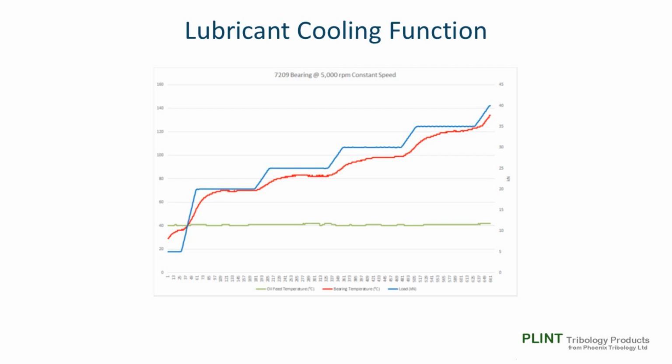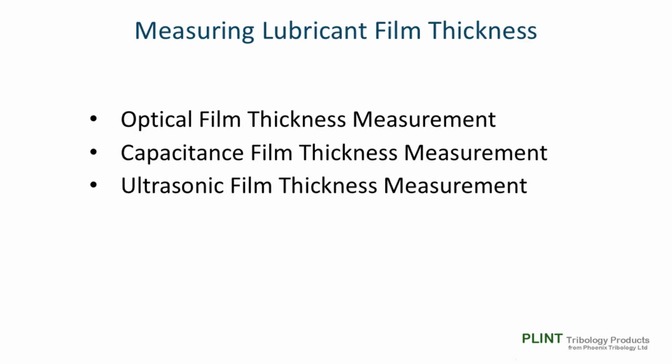Of course, instead of using calculations, we could actually attempt to measure the lubricant film thickness. Optical film thickness measurement provides an attractive and informative method. The measurement involves loading a steel ball against a glass disc with a semi-reflexive coating.